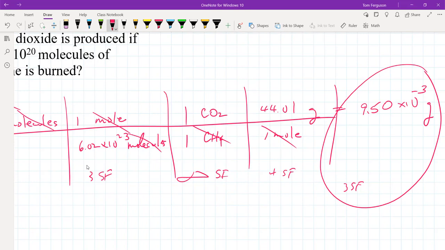Is everyone okay with these 3 problems I did? Do you have any questions? Over here, it's 1.30, 3 sig figs, 3 sig figs, 6.02 infinite, and then 4 sig figs. So your answer is going to have the lowest number, which is 3.